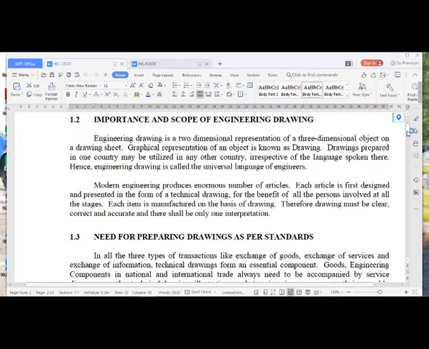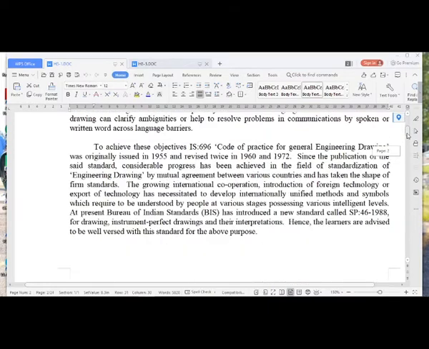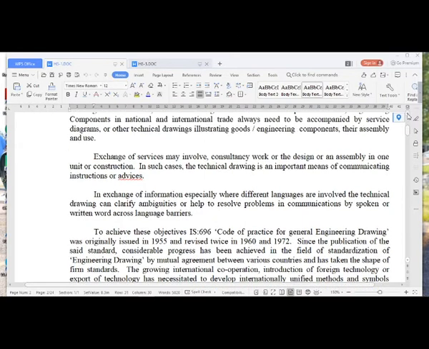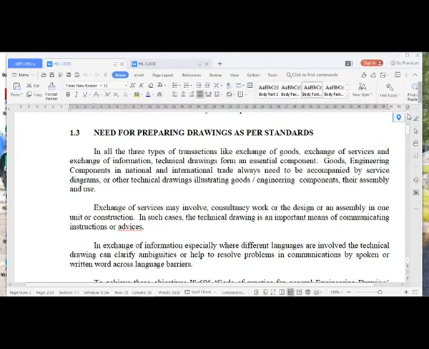We have already discussed some of the importance of engineering drawing, and now let us see the need of preparing an engineering drawing as per standards. In all three types of transactions, like exchange of goods, exchange of services, and exchange of information, technical drawings form an essential component.